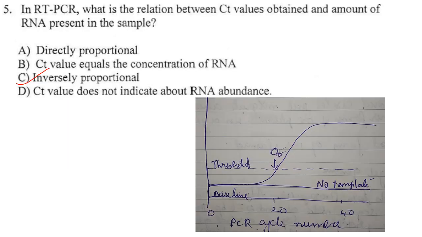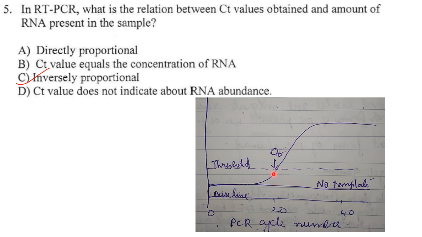Then in RT-PCR, what is the relation between CT values obtained and the amount of RNA present in the sample? So what is the CT value? The CT value represents the cycle number at which the sample reaction crosses the threshold, indicating detection of the target nucleic acid. When it crosses the threshold, that cycle number represents the CT value.